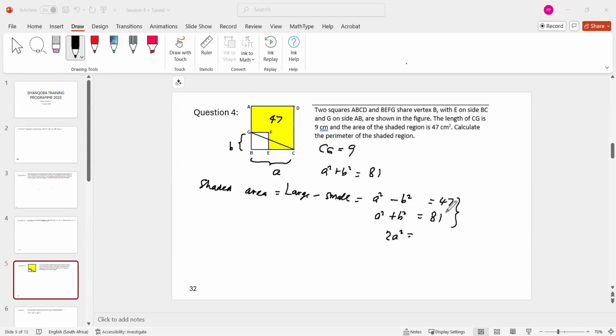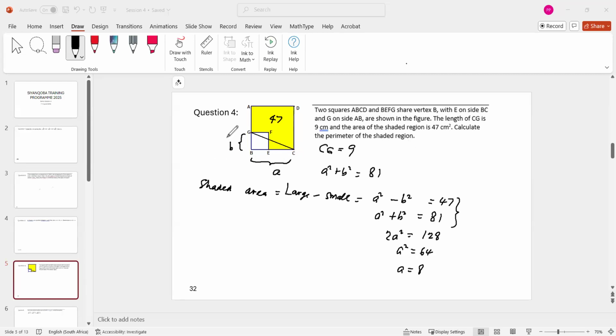When you add this, you get 128, and I see A squared is equal to 64. That gives you a nice answer. A is a positive number. It's either 8 or minus 8, but it's the side of a square, so obviously it can't be negative. So you take only one square root, so A is equal to 8.